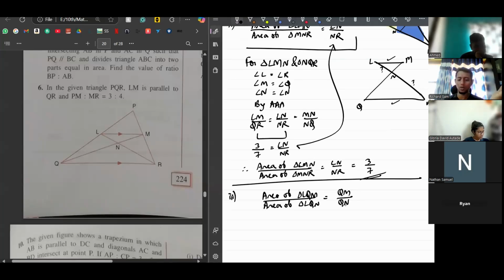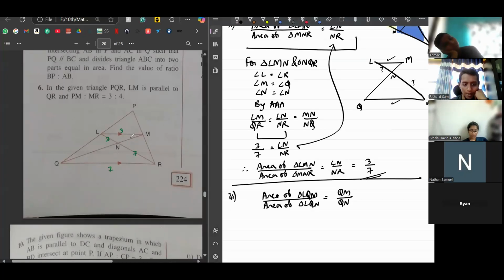So now we just have to find what is QM and what is QN. From the previous question, what did we get? LN is 3 and NR is 7. Same way, even LM is 3 and QR is 7. That's how we got it in the first place.